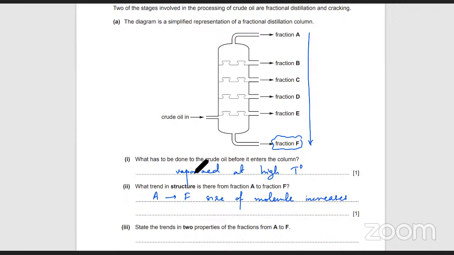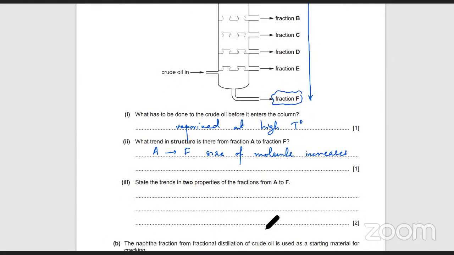ठीक है, but to be precise that was all he wanted in this particular case. Then he says state the trends in the two properties of the fractions from A to F. So when the size of the molecule increases, A to F again, the melting and boiling points increase. और क्या होता है?